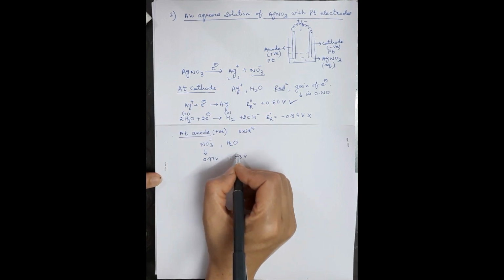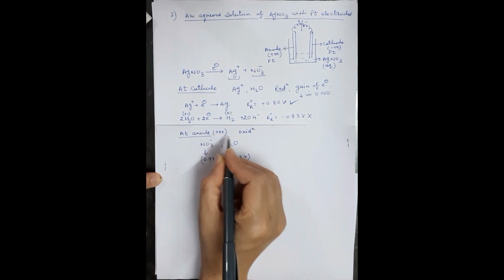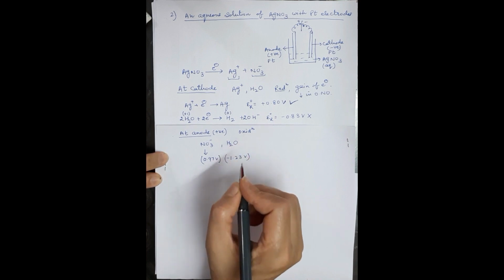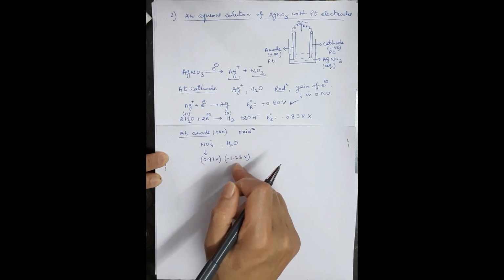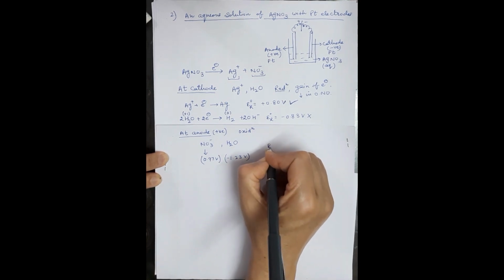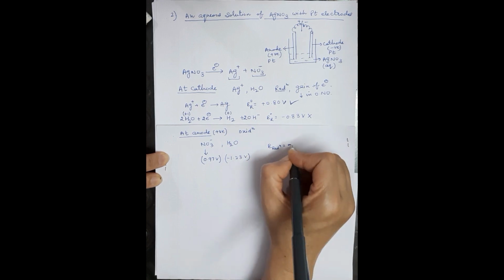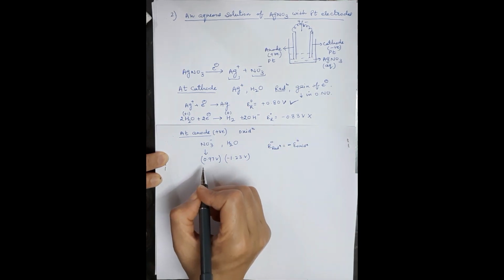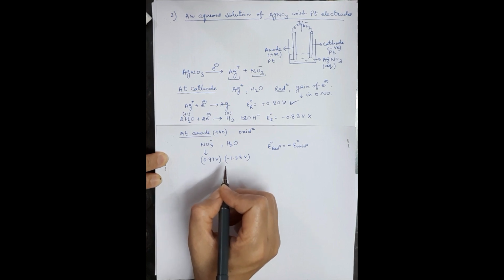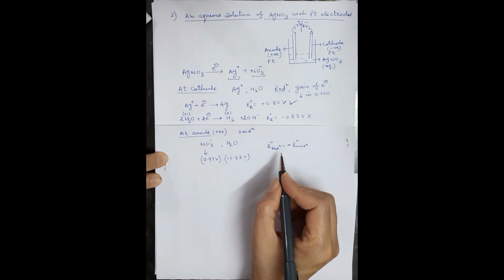Out of the two, who will undergo oxidation? Because at the anode oxidation is occurring, the one which has higher oxidation potential will undergo oxidation, but here reduction potentials are given to you. How will you change reduction potential into oxidation potential? Reduction potential is the negative of oxidation potential.